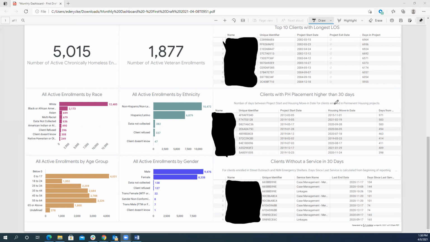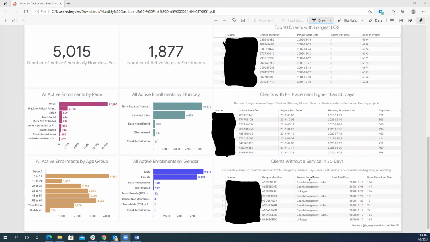That may not be an issue, but it's possible it could be an issue, so we have that there. And then the last one was clients without a service in the past 30 days. This is meant to help you know maybe if clients need to be exited or if service data entry needs to happen for that client.